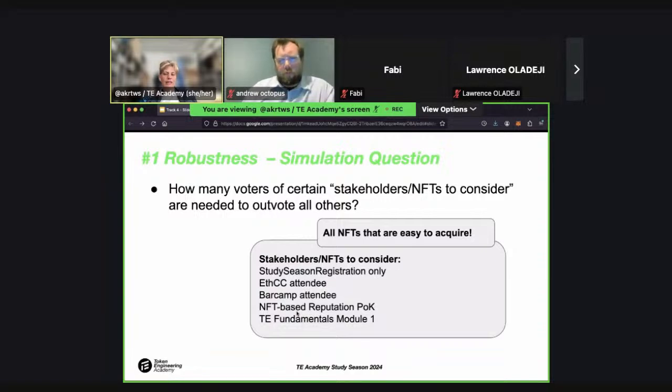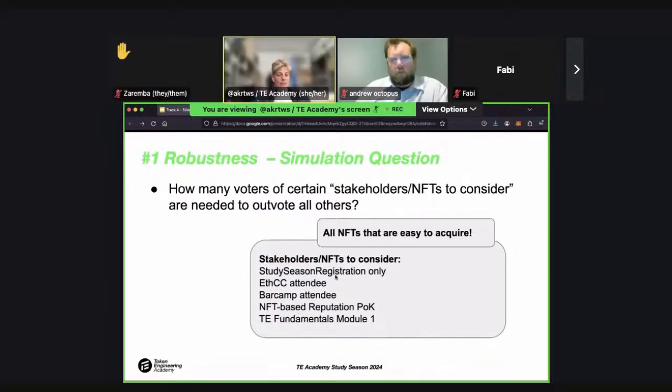And for example, this one, study session registration only, is probably put on top, because this is the easiest to acquire. You just have to submit a registration at the study session and will receive this NFT. So I would say this one is particularly relevant.